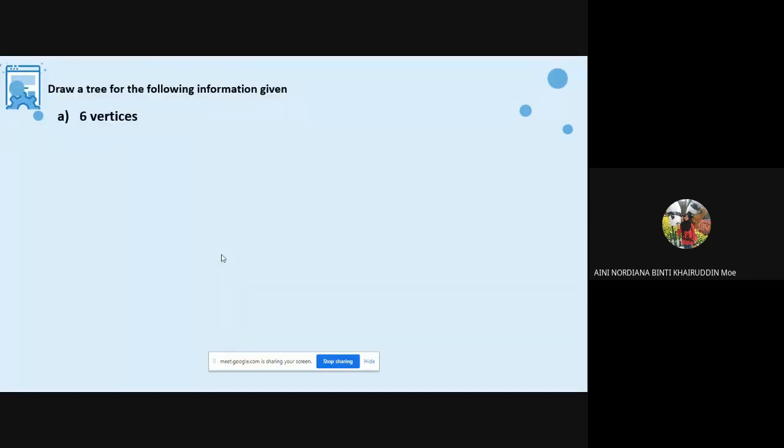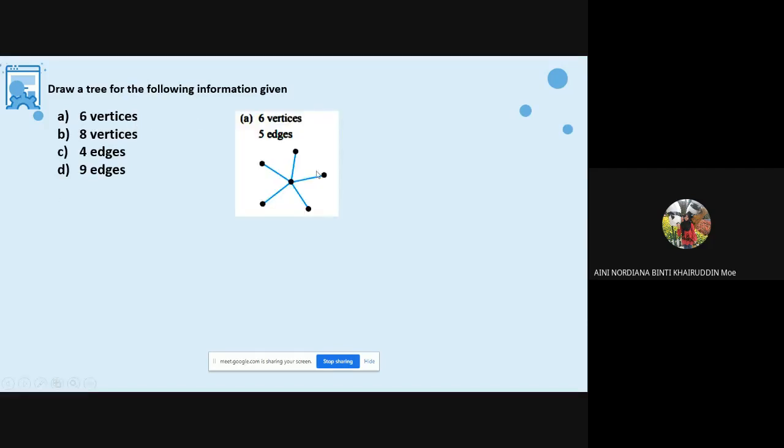Lepas tu tadi identify je, now nak draw a tree. Dia nak 6 vertices, 8 vertices and 4 edges. 6 edges. So kalau dia nak 6 vertices, you boleh lukis 6. Lepas tu edges tu you buat 5. Ni contoh lah. You nak buat contoh, I tunjuk. Okay, katakan contoh soalan ni kan. You boleh je lukis macam ni. 1, 2, 3, 4, 5, 6.